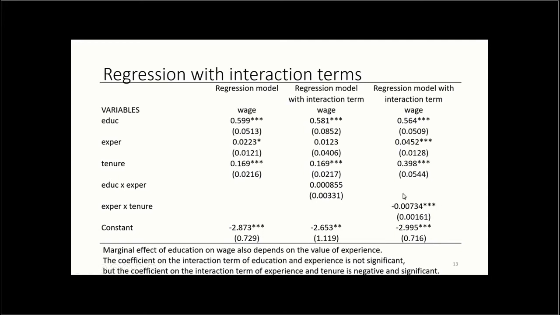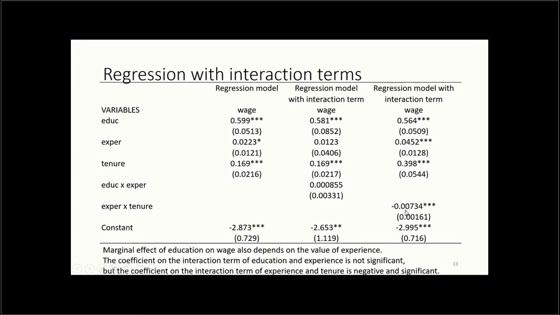So here, this means that even though experience and tenure have a positive effect on wages, their interaction has a negative effect, meaning you will get a positive effect of experience on wage and a positive effect of tenure on wage.